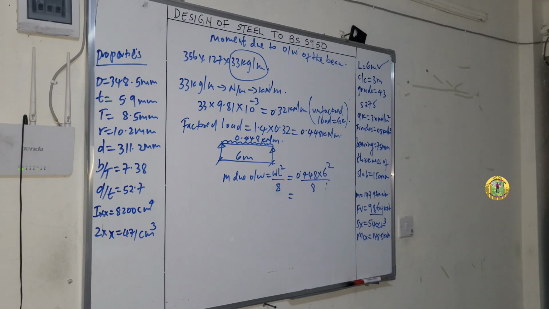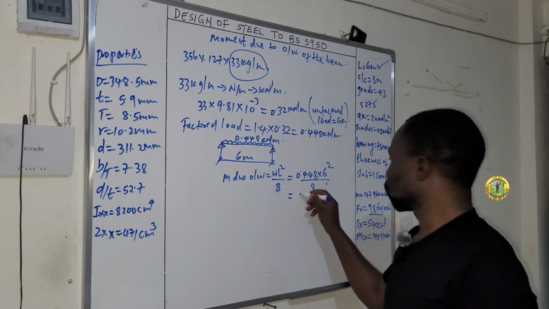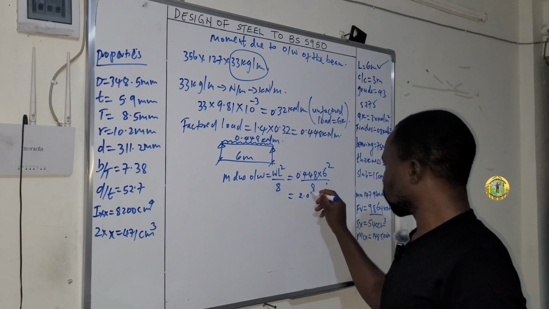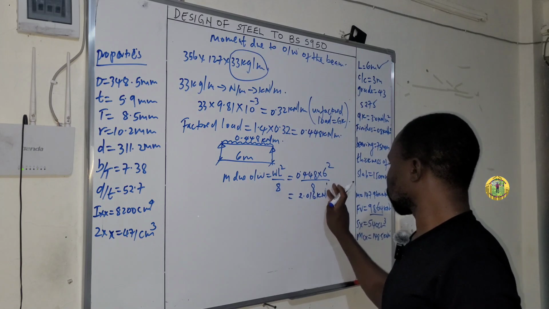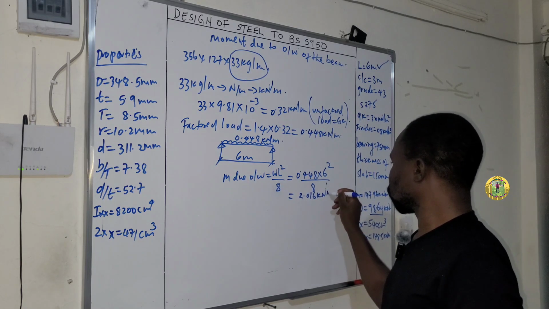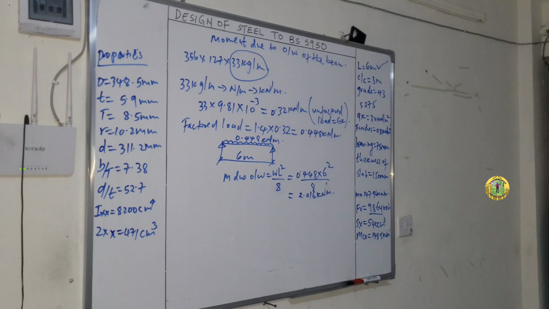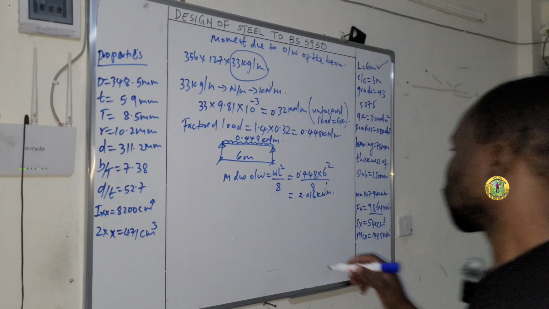The answer is 2.016 kilonewton meter, like that. Now we proceed to the applied moment.